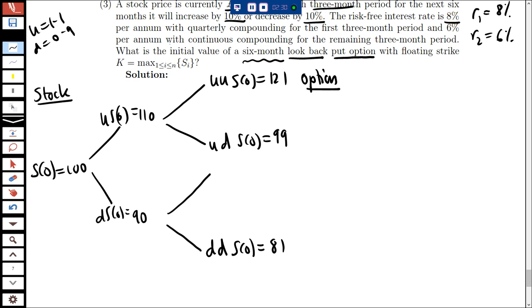How about the option? Well, we don't know what the option is at the beginning. It's going to have values depending on whether the share rises and falls.